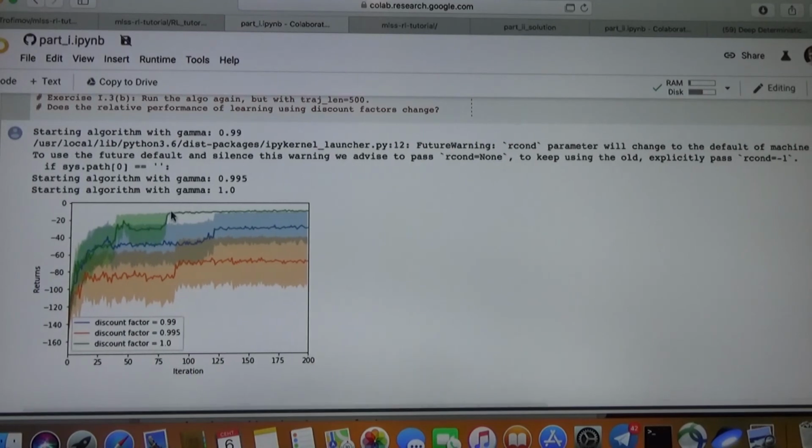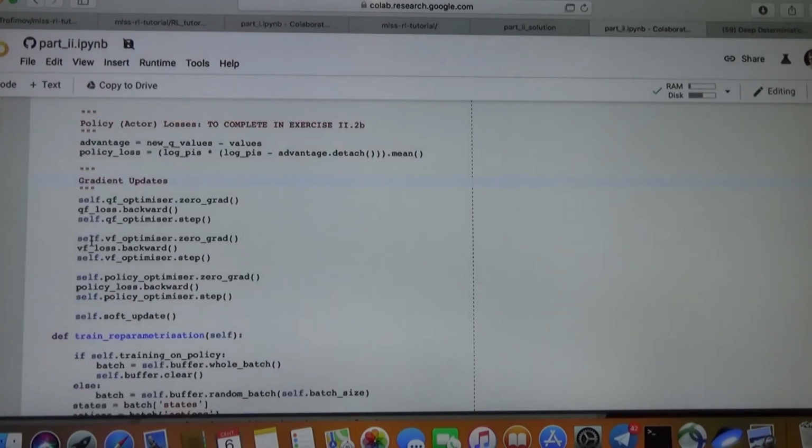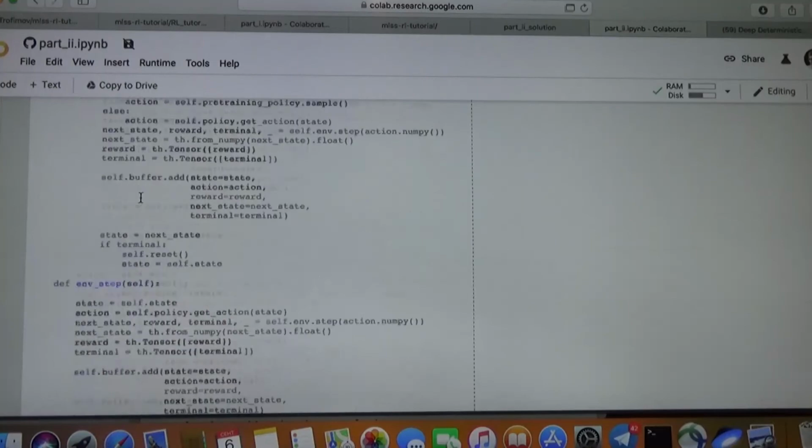Okay, so this problem is solved, and we can return to the pendulum problem.